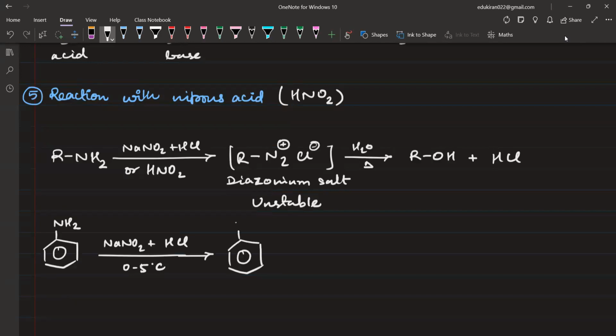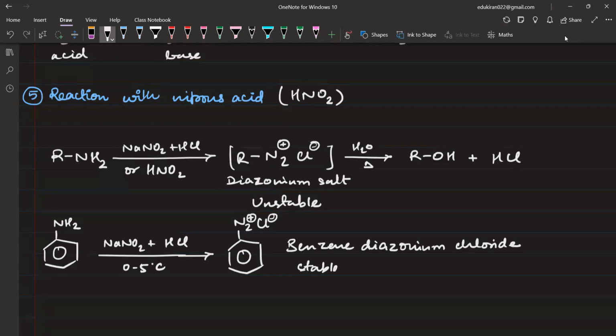You have benzene, and the diazonium salt is like this, N2+ Cl-. Now, this is benzene diazonium chloride, which is quite stable due to resonance.